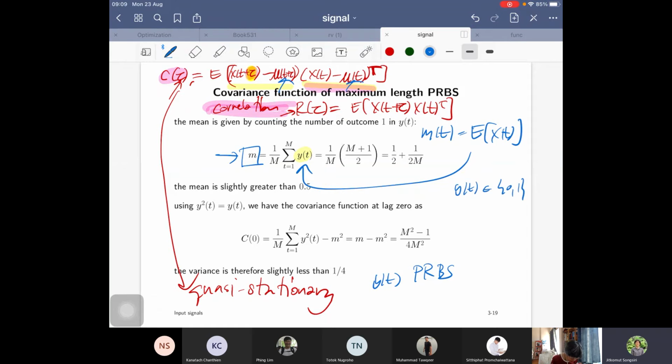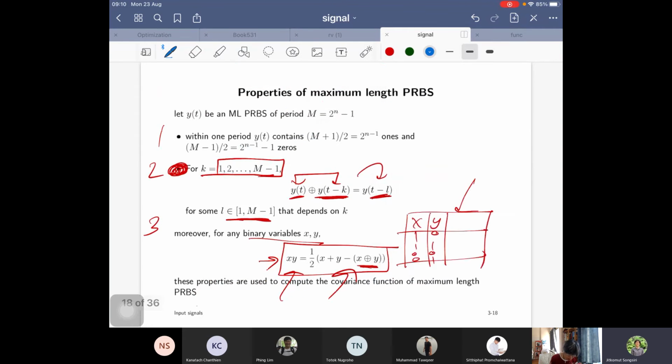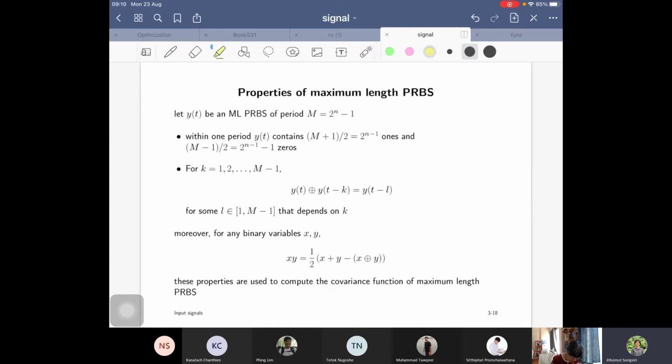And when you take the mean, if you sum y_t, of course y_t is either 0 or 1, so the sum turns out to be just the number of ones in y_t. Because of the result in the first property, the number of ones is actually 2 to the n minus 1, which can be expressed in terms of M, the maximum period of the pseudo-random sequence, as (M plus 1)/2.